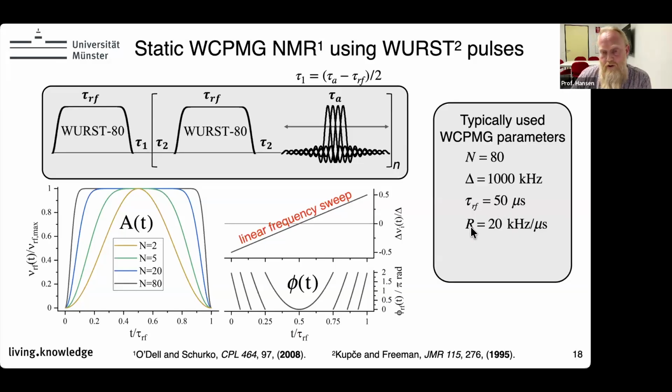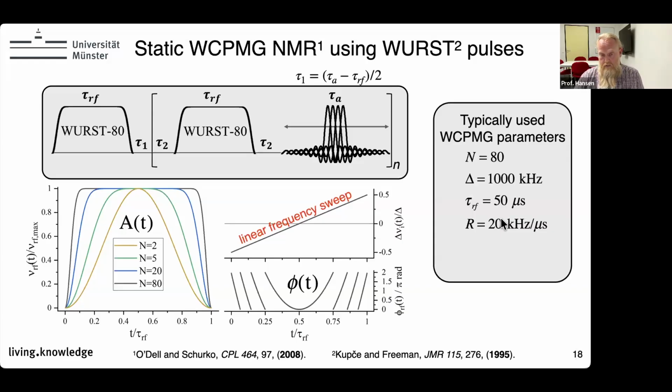And for us, we realized that it's better to describe these in terms of the rate. We'll see in a minute why. And of course, if you think about just the amplitude profile and the sweep, you would imagine that you can excite something with this type of pulse around a megahertz wide.